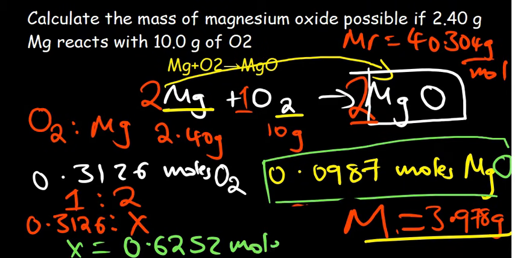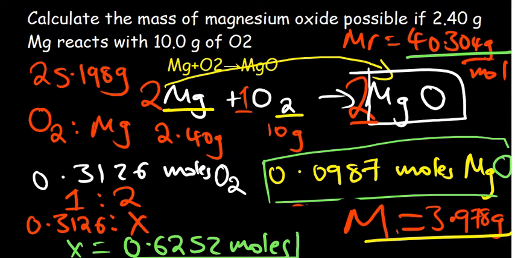So using those number of moles, you can multiply them against the molar mass as well. So after multiplying by the molar mass against the number of moles that are expected by using oxygen, the expected mass is 25.198 grams, which is wrong.